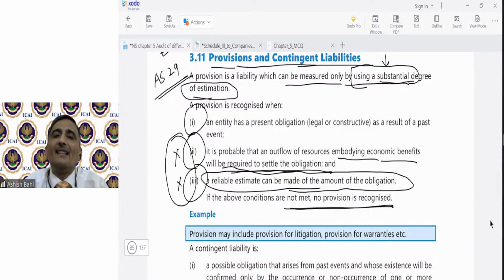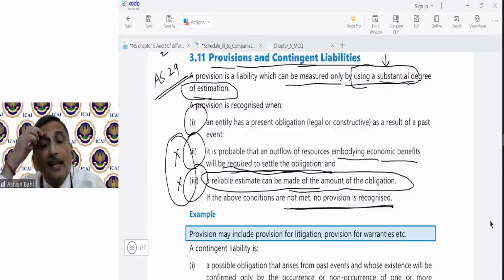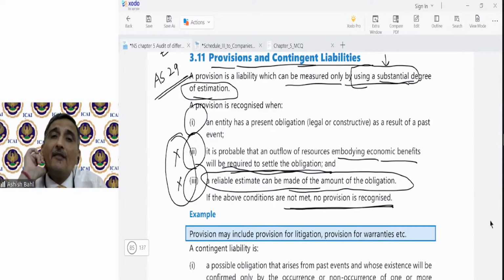So suppose in this example, students, we are talking about the year 31st March 22, 21-22. The lawyers of the company have advised the company that you are going to win the case. Don't worry.